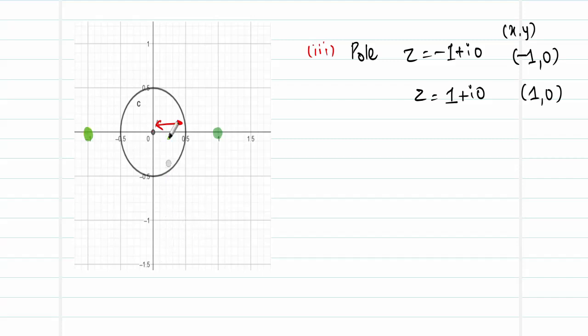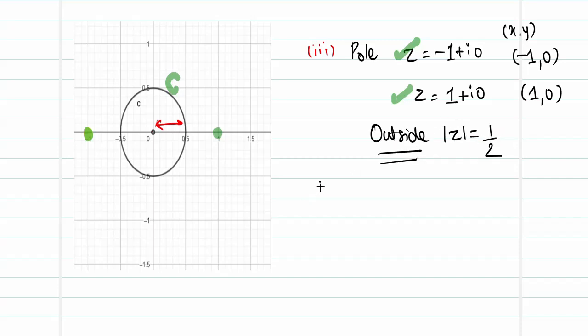What we observe from this diagram is that this is my boundary, which is called C, and both my poles, z is equal to -1 and z is equal to 1, lie outside the boundary mod z is equal to half.